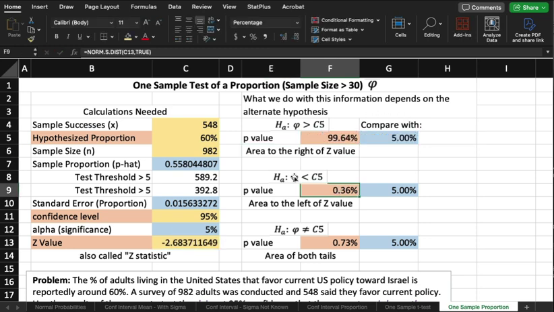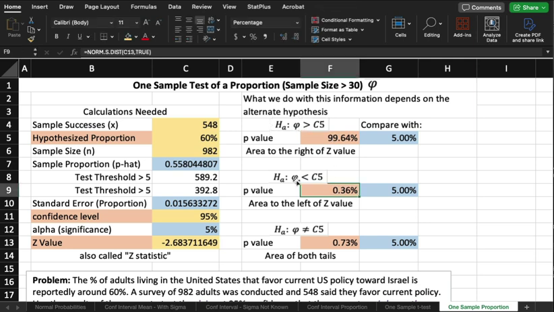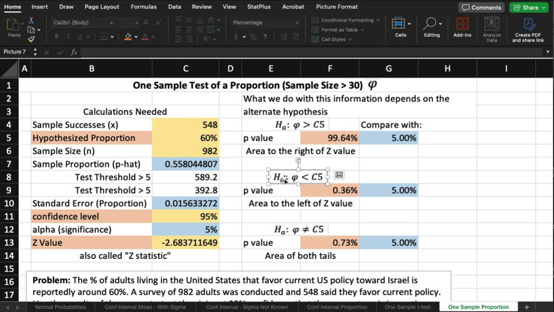The next p-value is associated with, notice the alternate hypothesis is really important. It's important that you put the correct p-value with the correct alternate hypothesis, because the one we did in row 5 is associated with phi is greater than some number, and the one we're about to do in row 9 is associated with the alternate hypothesis phi is less than some number. So it is very important that we have our less thans and greater thans straightened out here.